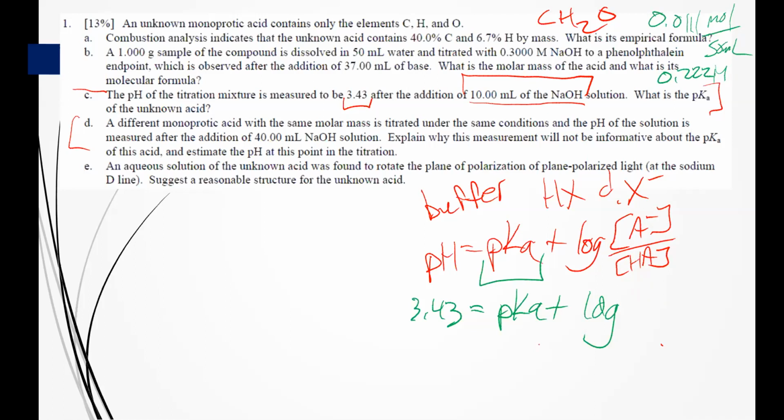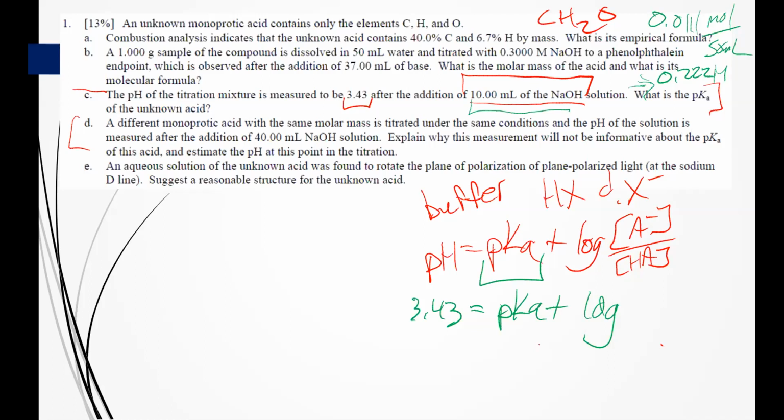You can go through the math and figure out how many moles of NaOH this is, and then convert them. So you would change this concentration based on how many moles of NaOH you've added. You have to subtract those moles of acid and find its new volume. You can find them that way.